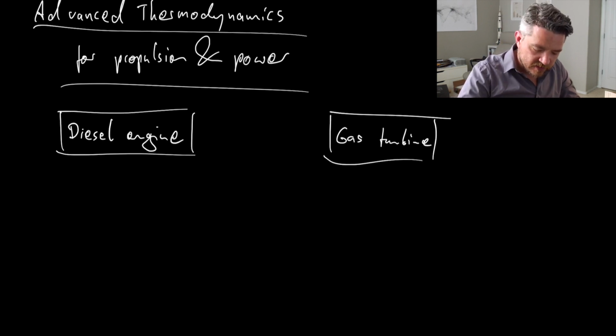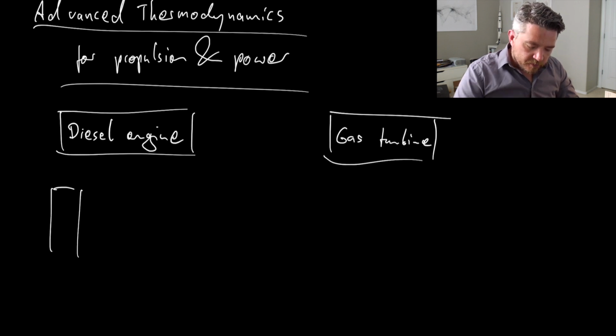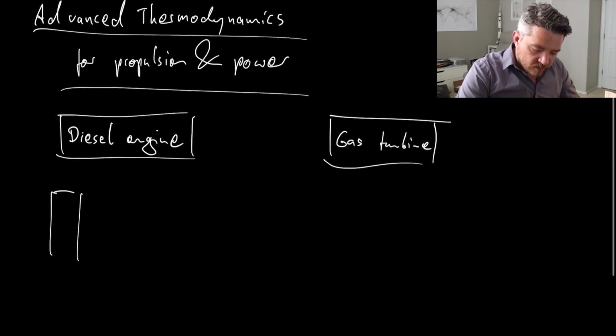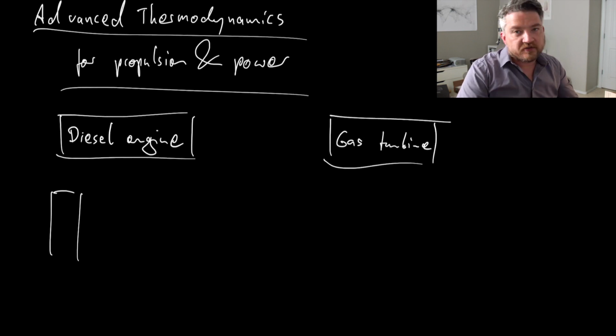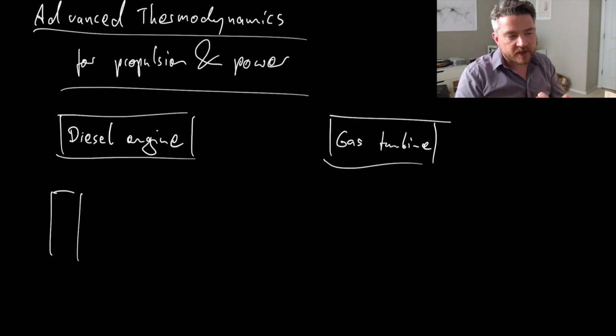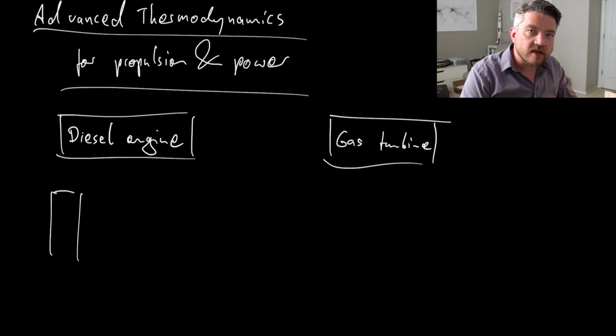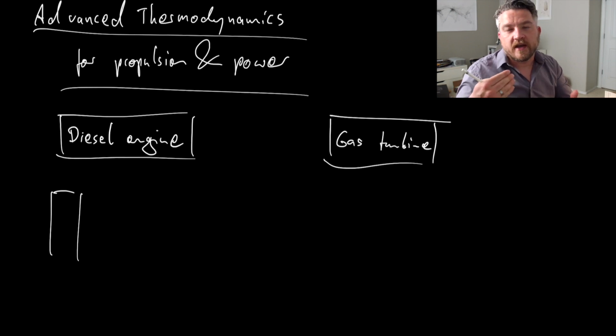Let's start with a diesel engine. Diesel engine is a piston engine. And what we need there is fresh air that gets pulled into the engine. It gets compressed then at the maximum compression, approximately, the fuel is injected because the compression is so hot.